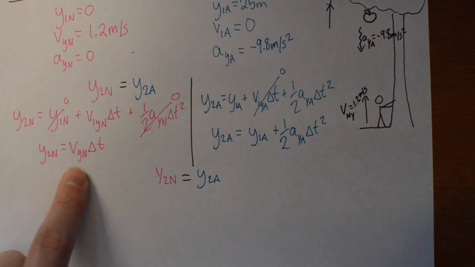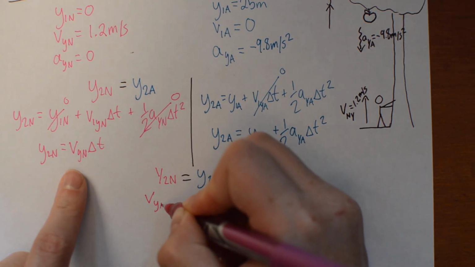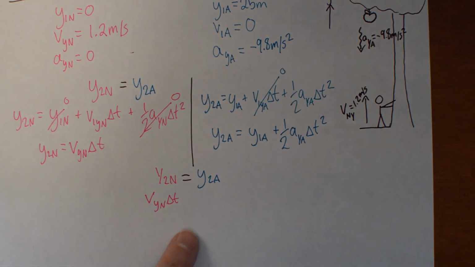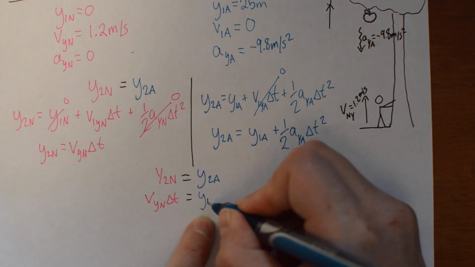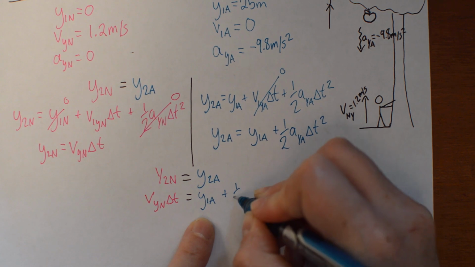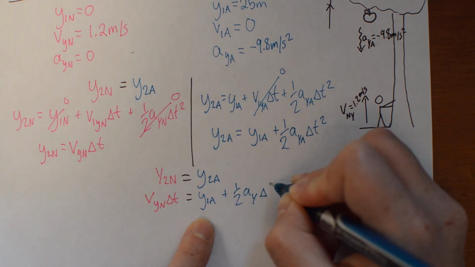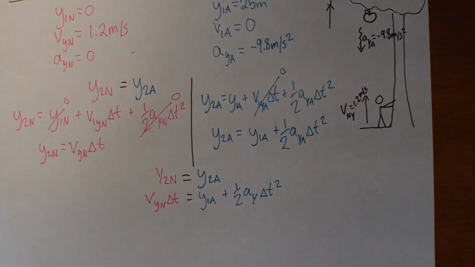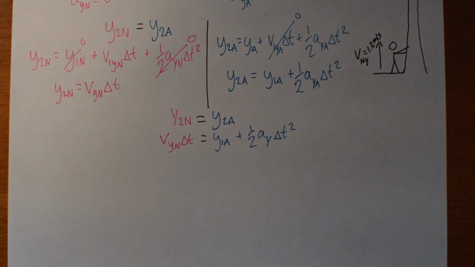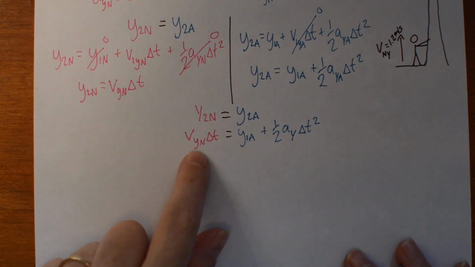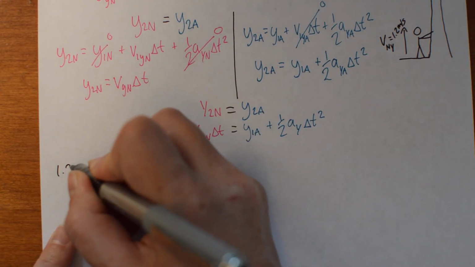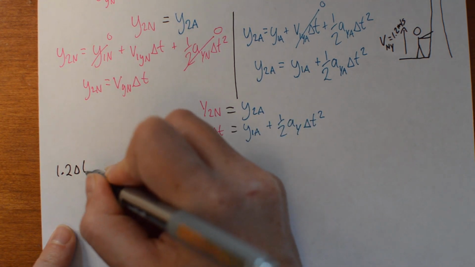My next move is to set that y2 of Newton equal to my y2 of the apple. So I'll set this equation for y2 of Newton, vy of Newton delta t, equal to y2 of the apple, y1 of the apple plus a half ay delta t squared. Again, this is a quadratic equation, so it's going to make more sense to solve this by plugging numbers in. The velocity of Newton is 1.2, times delta t.